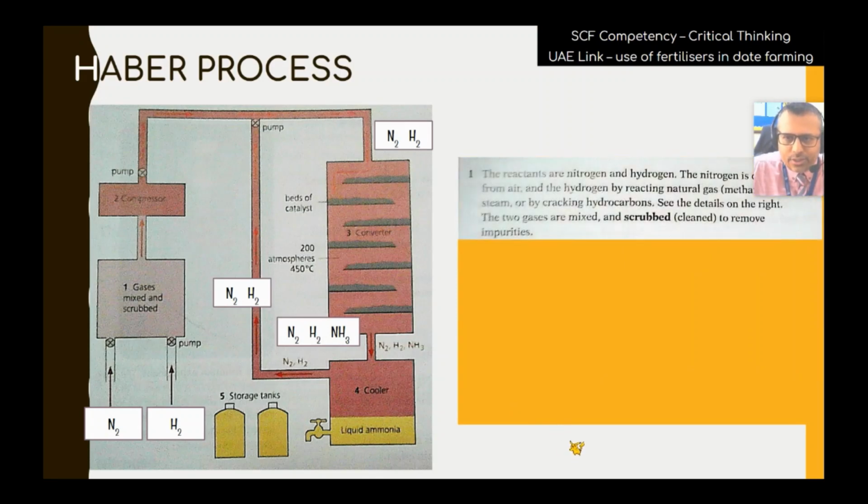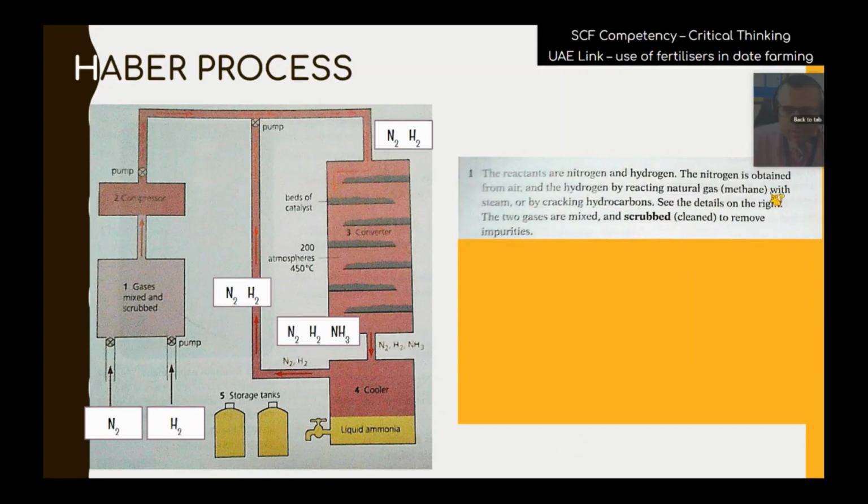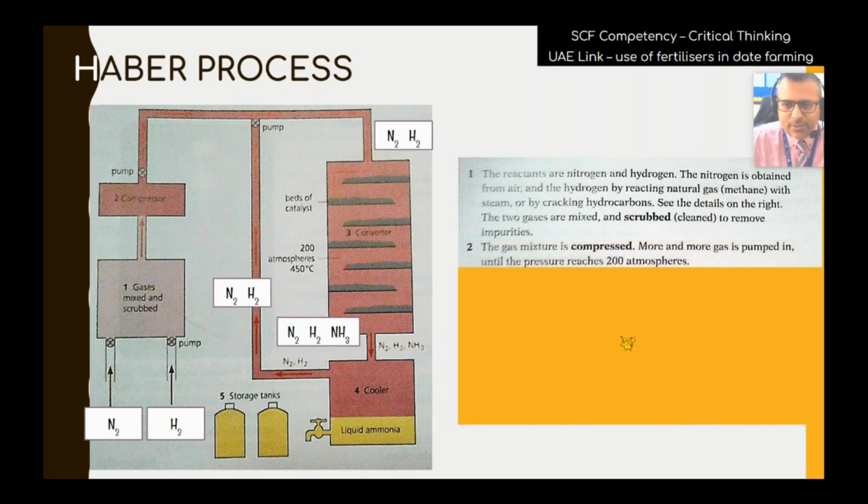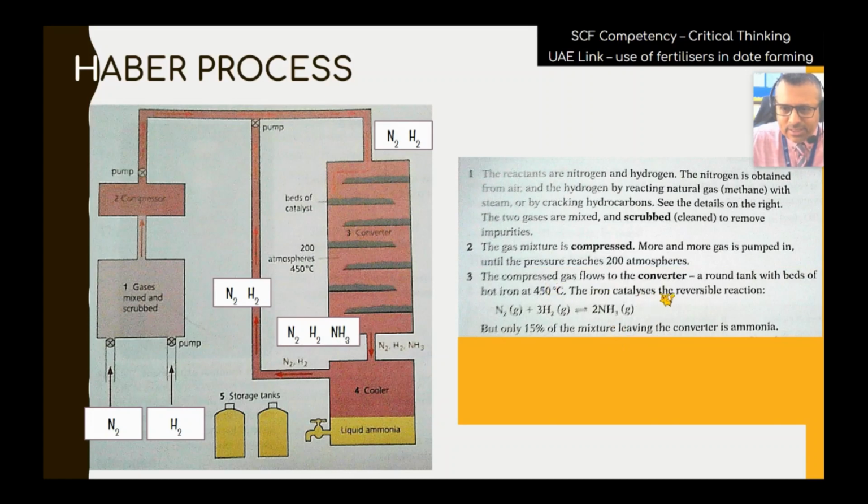To summarize, the reactants are nitrogen and hydrogen. The nitrogen is obtained from air, and the hydrogen by reacting natural gas, which is methane, with steam, or by cracking hydrocarbons. The two gases are mixed and scrubbed, which means they are cleaned to remove impurities. You then compress the gas mixture. More and more gas is pumped in until the pressure reaches 200 atmospheres. The compressed gas then flows to the converter, a round tank with beds of hot iron at 450 degrees centigrade.